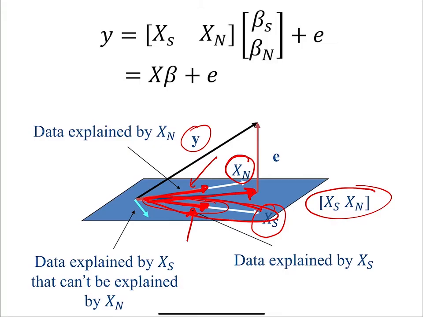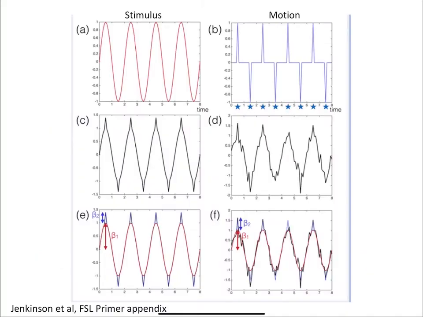But when I do the statistic, I'm only allowed to look at the amount of data that can be explained only by my model and cannot be explained by my nuisance regressor. As those two things become more and more similar, there's going to be less and less for my model to explain. So if my stimulus and my nuisance regressor are very correlated, then it's really going to hurt my statistics.